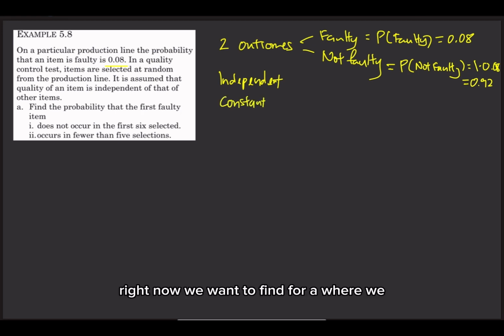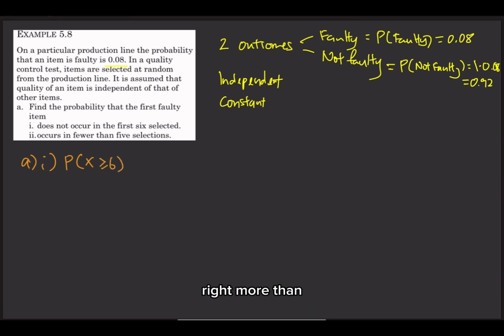Now for part A1, we want to find the probability that the first faulty item does not occur in the first 6 selected. That means it occurs after more than 6, which is equivalent to 1 minus the probability of x less than or equal to 6.